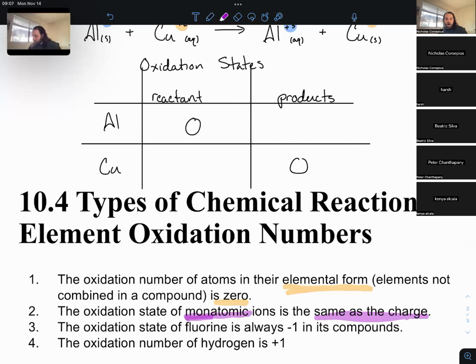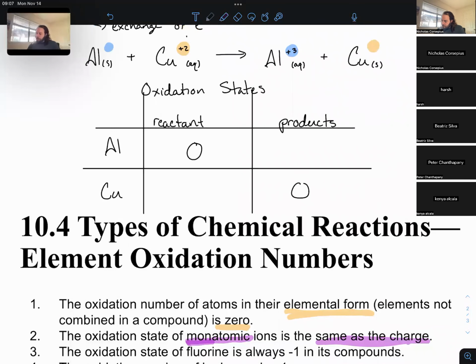Monatomic, what does that mon mean? 1, right? So a single atom ion, its oxidation number is just going to be the same as its charge. So if we look up here, we can finish this off. On my reactant side, my copper's a monatomic ion, so it's going to have an oxidation number of +2. And on the product side, my aluminum is a monatomic ion, so it's going to have an oxidation number of +3.